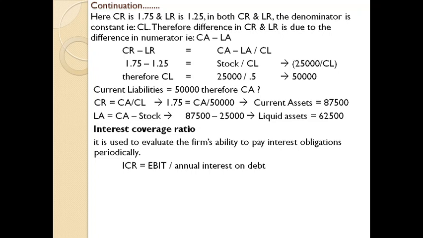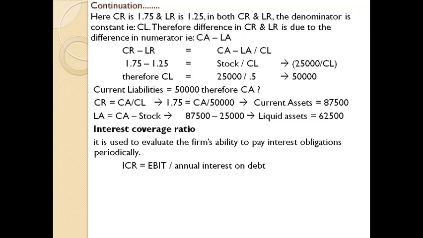Interest coverage ratio equals earnings before interest and tax divided by annual interest on debt. This ratio is computed to measure whether the organization is able to meet its interest obligations or interest payments timely.